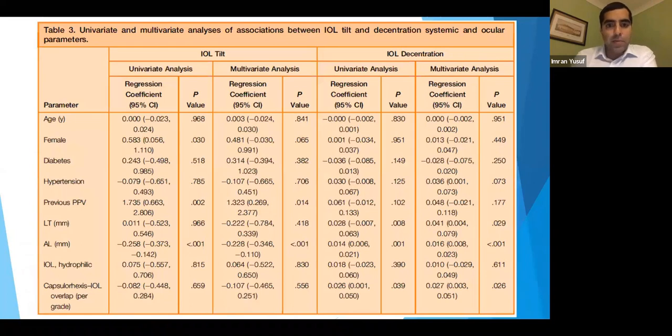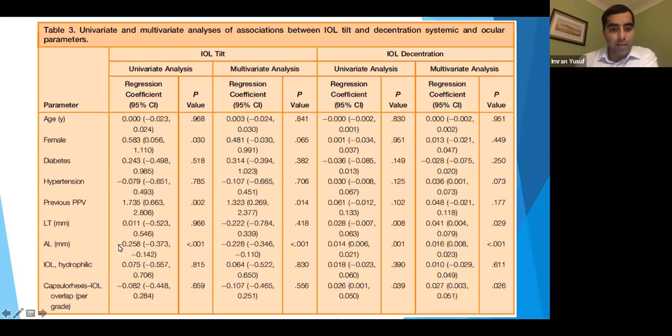And this table is probably the most important in the paper, presenting the results. On the left, you have the IOL tilt results, where they performed a univariate and then a multivariate analysis. We've obviously been through these types of analyses on previous papers we've looked at. As regards IOL tilt, they found on a univariate analysis, identifying the effect of a single variable, female gender, previous pars plana vitrectomy, and a negative correlation.